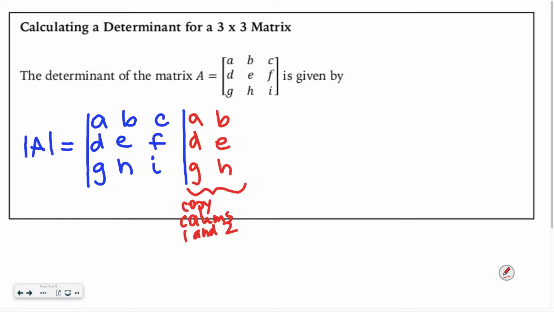Okay, so you're going to recopy columns 1 and 2, just to the right.